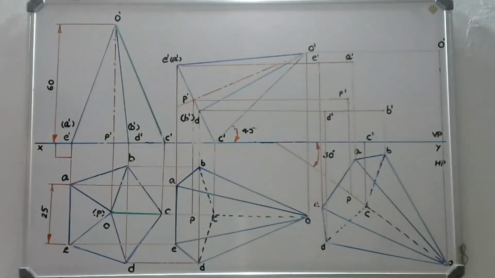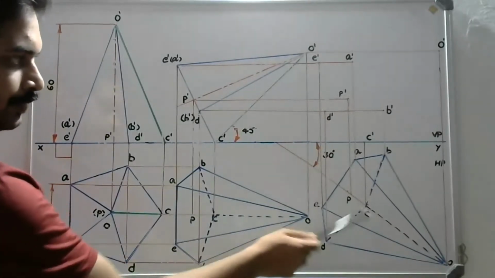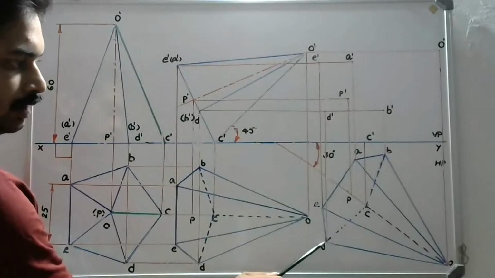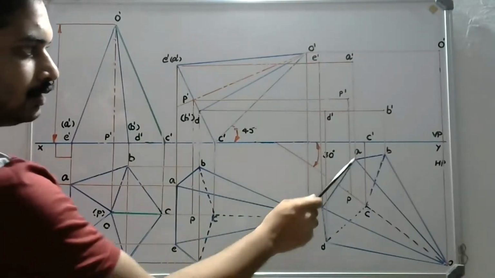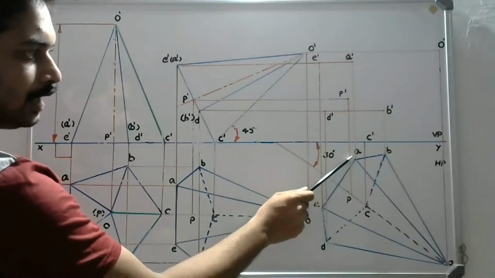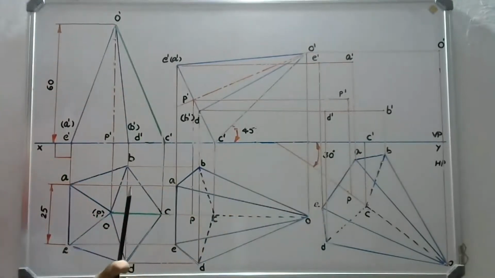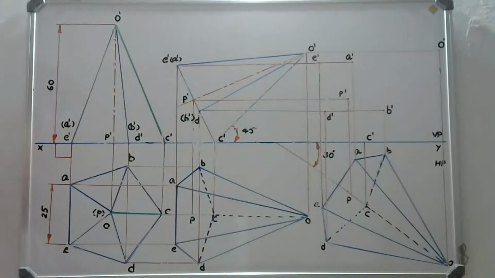Next, we are going to observe what are the invisible points. In the front view, DO visible, EO visible. Then the invisible points are A and B. So in this case, the invisible points are A and B. So the corresponding front view A dash, B dash is invisible.